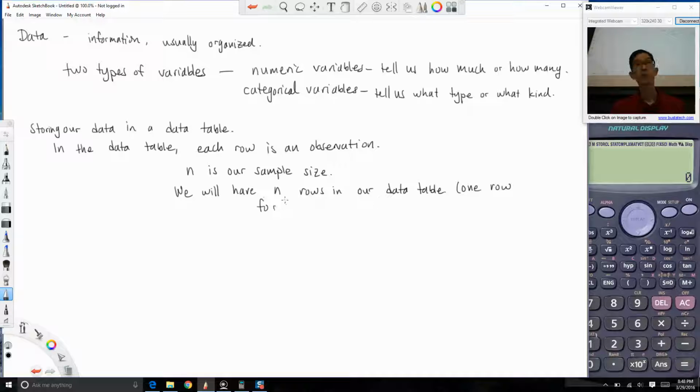Does that make sense to everybody? Okay. And in the data table, each column is a variable.